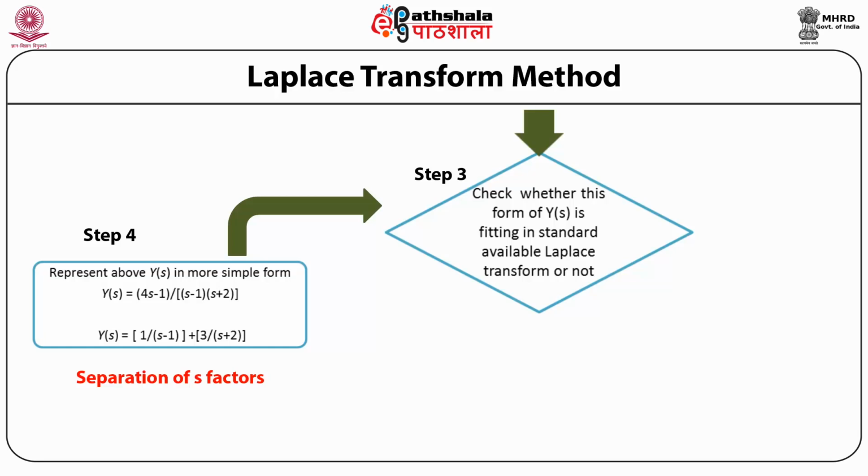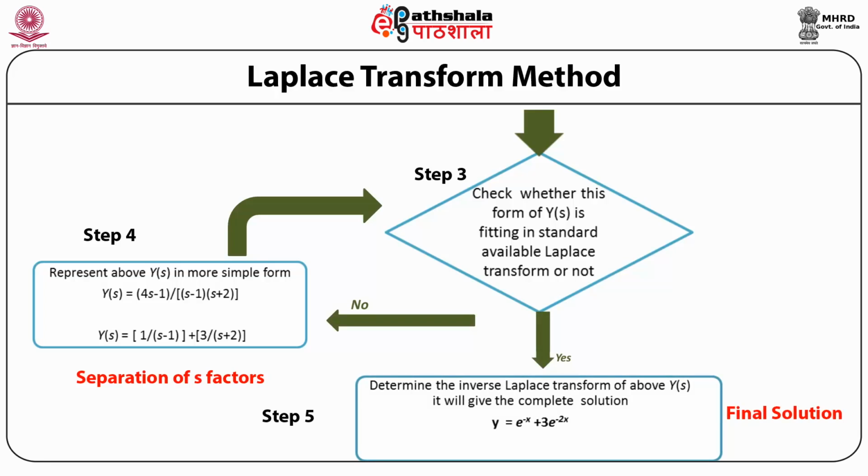So anything, 1 divided by s minus any number, the inverse solution is e power that particular value times x. So here it's s minus of minus 2, so it's going to be 3 times e power minus 2x. So the complete solution is the sum of the individual solutions.